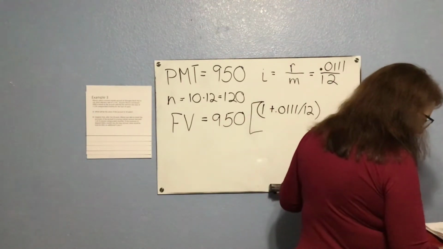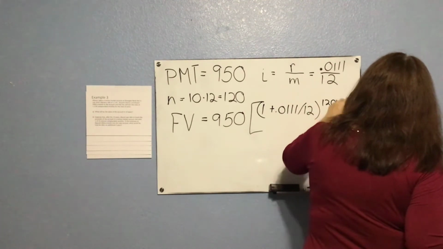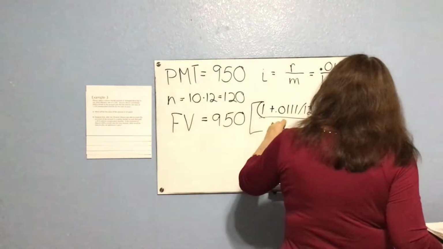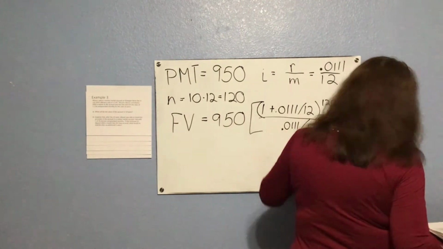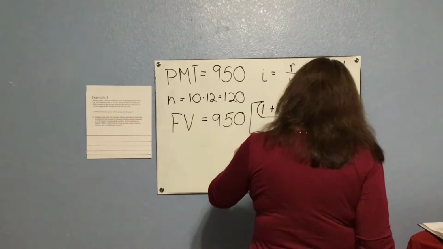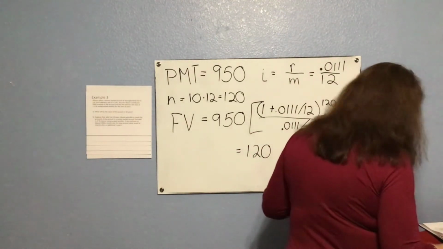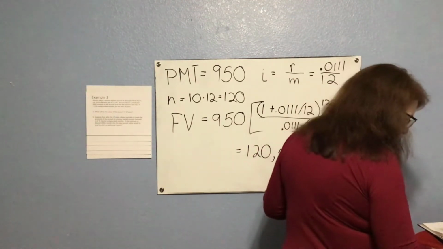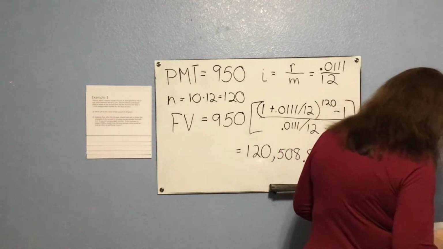And we're going to raise just this part to the 120th power, subtract 1, and underneath we'll have 0.0111 divided by 12. And this gives us a total of $120,508.87.